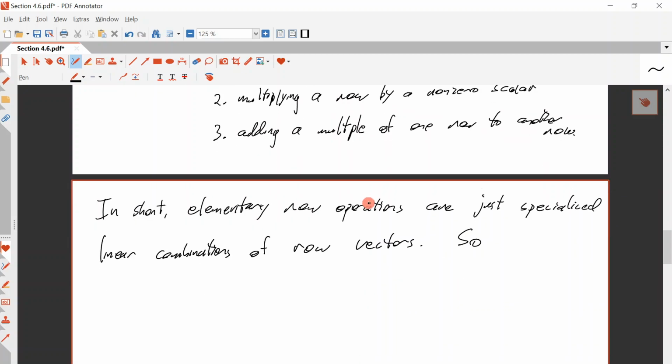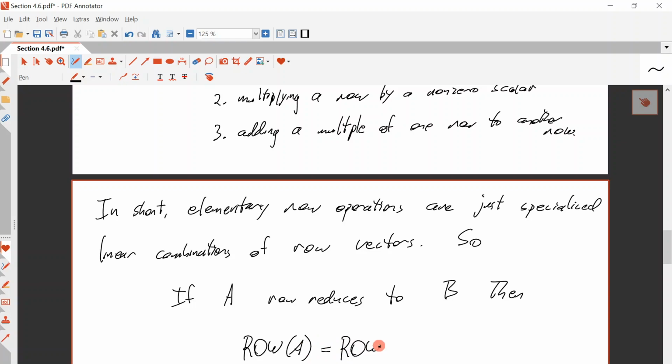So, right, if A row reduces to B, then the row space of A is equal to the row space of B. Right?